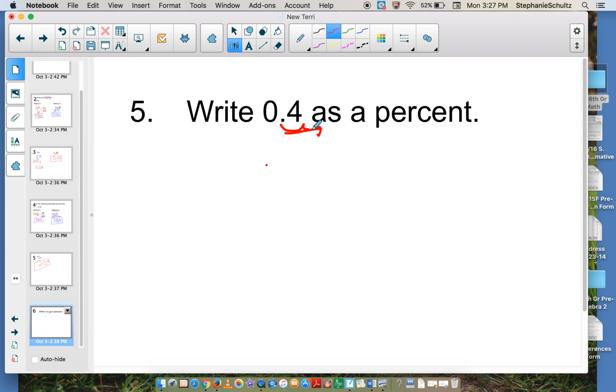I'm running out of room, so actually I'm going to redo it right here, 0.4. And we are going to move it 2 spots to the right, 1, 2. And after I move it 2 spots to the right, I realize that, hey, there's a gap there.